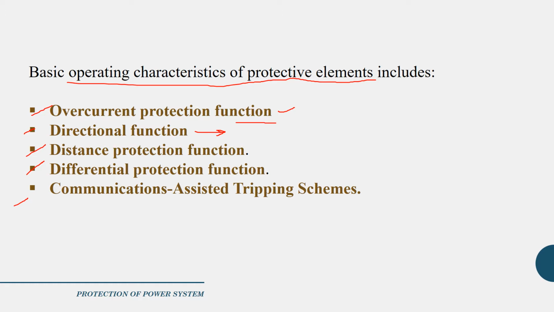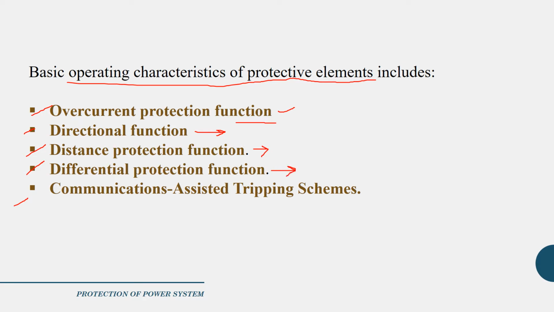Distance protection. In this, by measuring the distance between the relay location and the fault point, the distance protection function element will work. Differential protection function. In this, by measuring the difference of the two actuating quantities, the relay will determine whether a fault has occurred in the system or not.